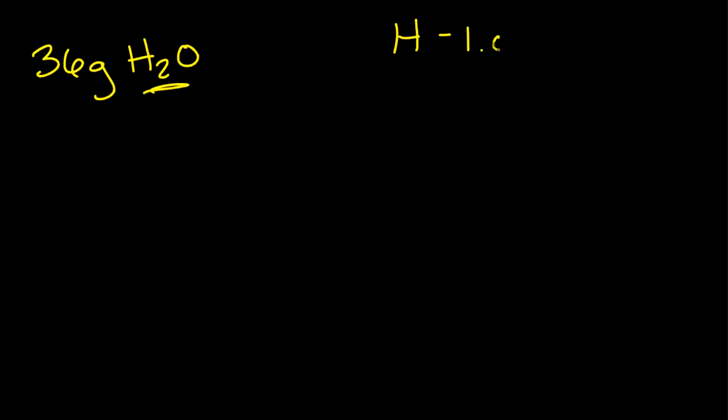You may also have to do that in reverse. So how many moles is 36 grams of H2O? Well, first we got to break down what's the molar mass of H2O. I got two hydrogens. Hydrogen is 1.01, and there's two of them, so that is 2.02 grams total.